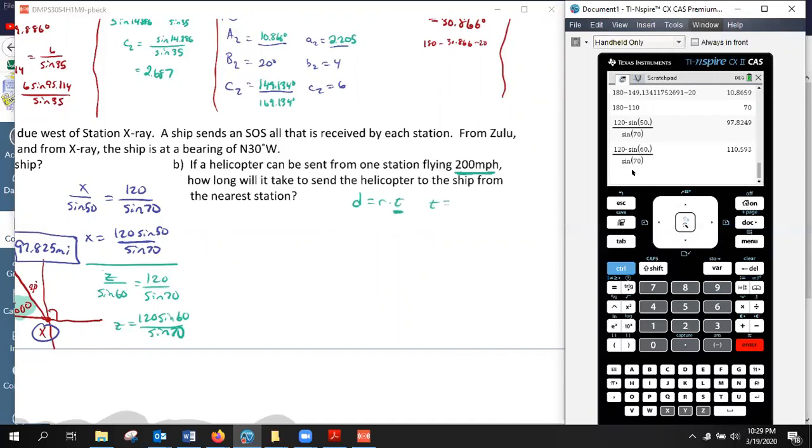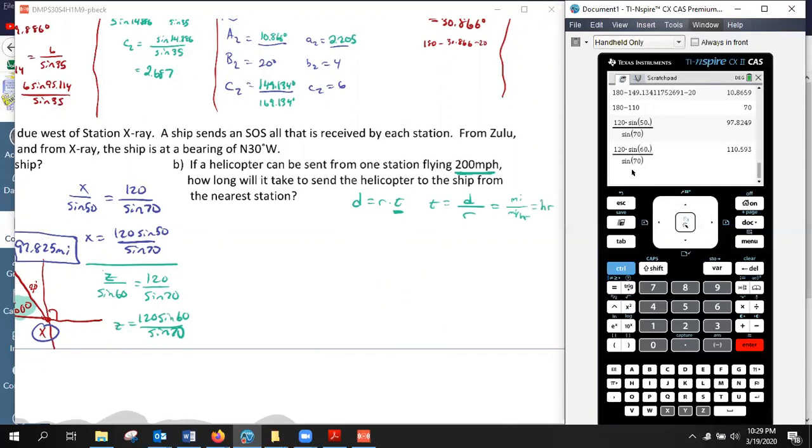So time is going to be the distance over the rate. Now my distance is in miles, and my rate is in miles per hour. So if we use dimensional analysis, that leaves me with a unit of hours.